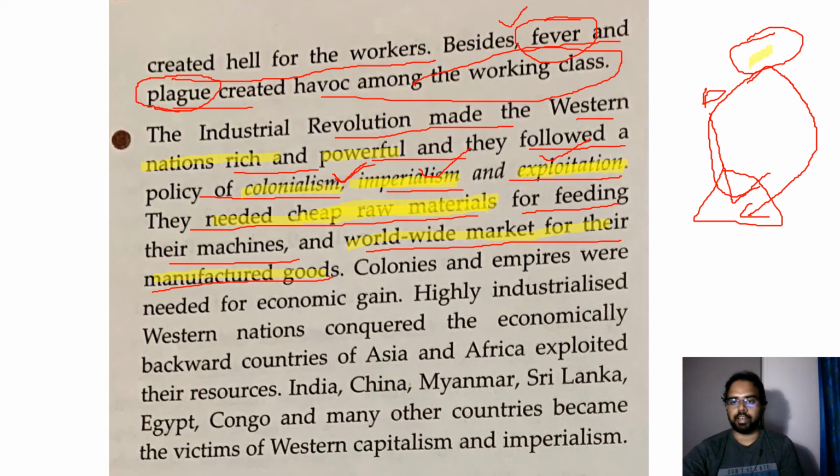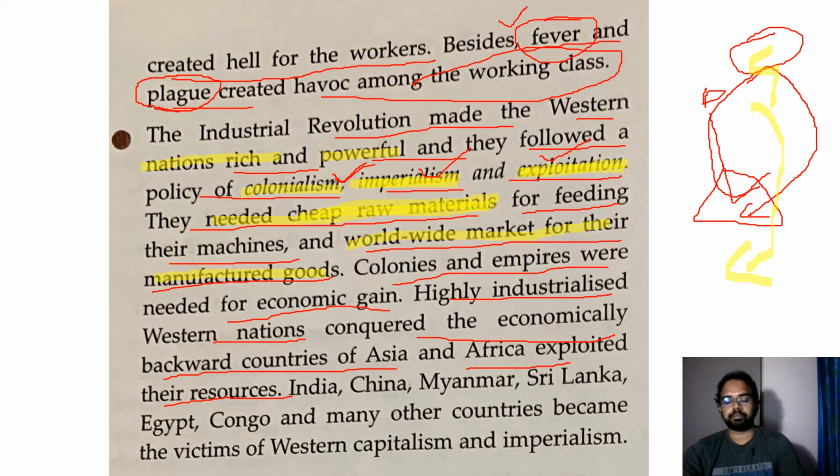Whatever goods they manufacture here is sent to the colonies for sale. Their products are again sold here. And the colonies and empires were needed for economic gain. Highly industrialized Western nations conquered the economically backward countries of Asia and Africa and exploited their resources.